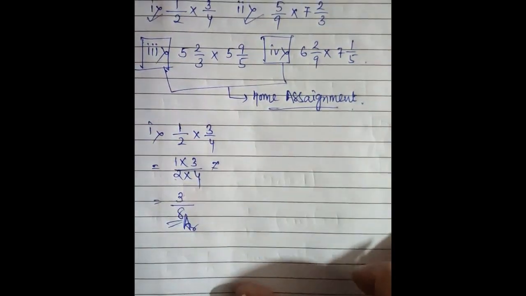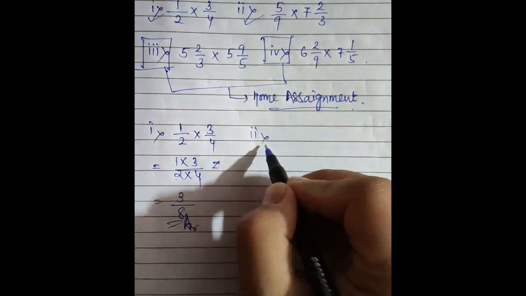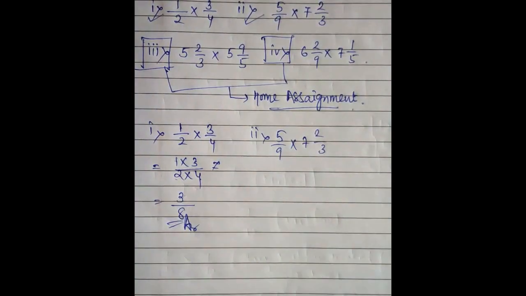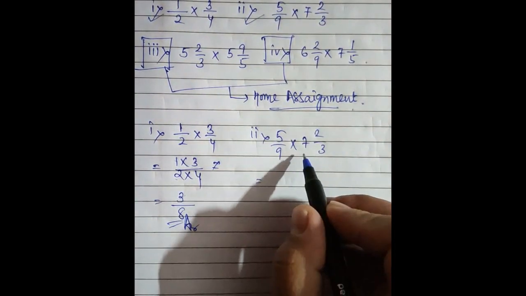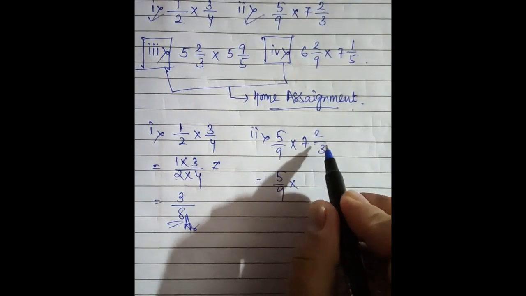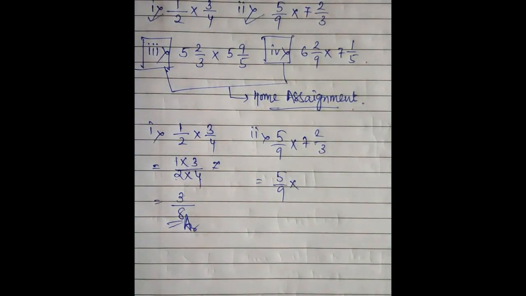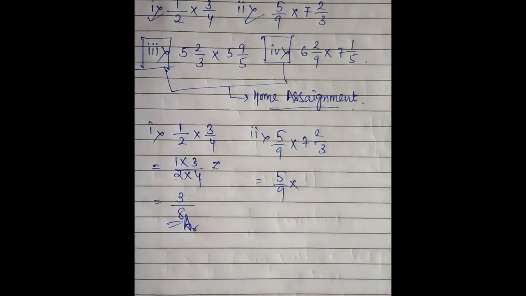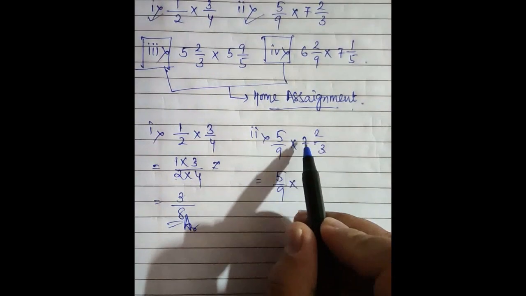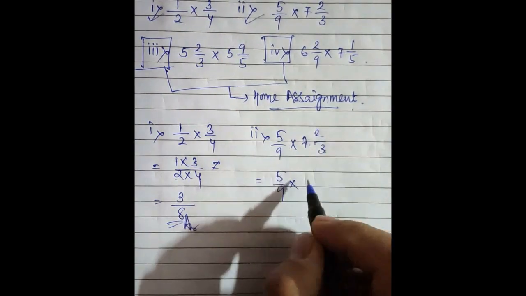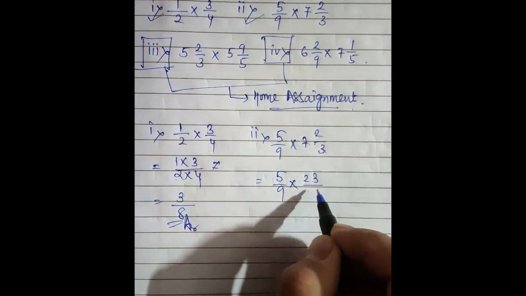So number 2 we have 5 by 9 into 7 whole 2 by 3, isn't it? So first of all, to solve this, we have to convert this mixed fraction into an improper fraction. So 7 3s are 21, 21 plus 2, 23 by 3.